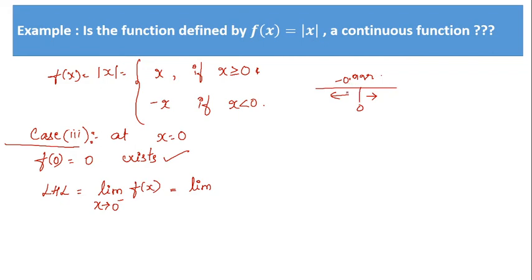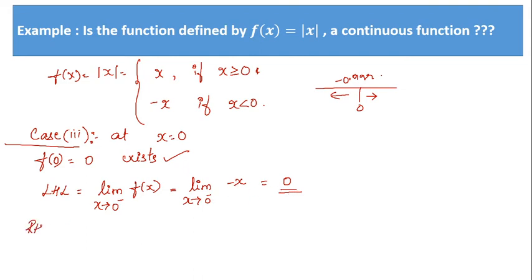So obviously it is less than 0. If it is less than 0, what happens to f of x? f of x is minus x as x tends to 0 from the left. Since we know this, it is nothing but 0 itself. You just have to apply the value.